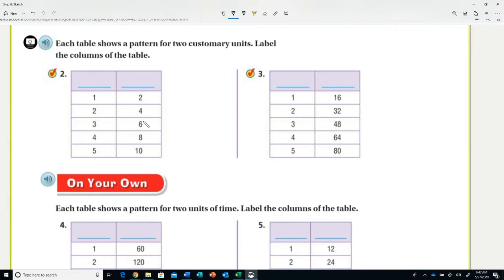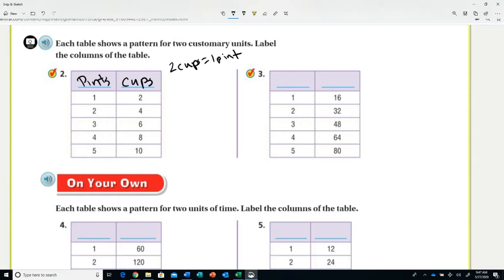The one I'm coming up with right now is there are 2 cups in 1 pint. So this is my cups column, and this is my pints column. There possibly might be others in that.